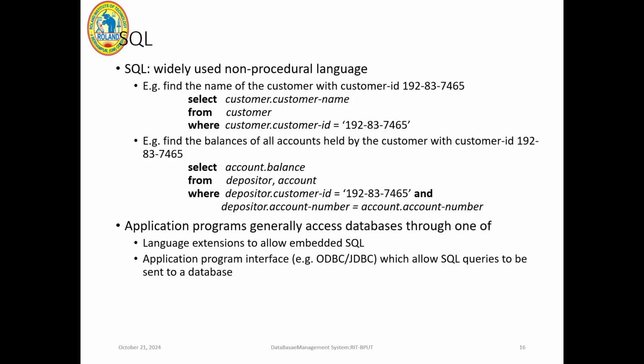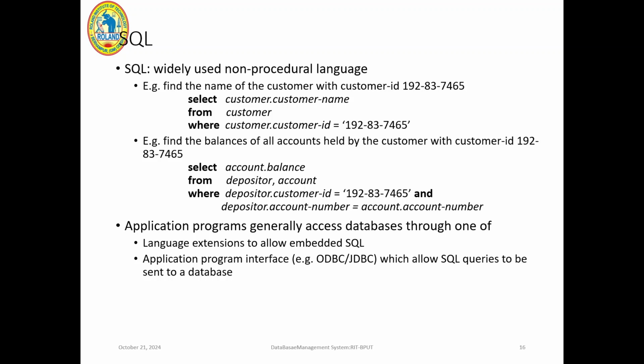Why do we have two tables here? Try to understand: this customer ID that you are giving may not be there in the balance. So to get that balance you must use the table account, and to get the customer ID you must use the depositor, right?